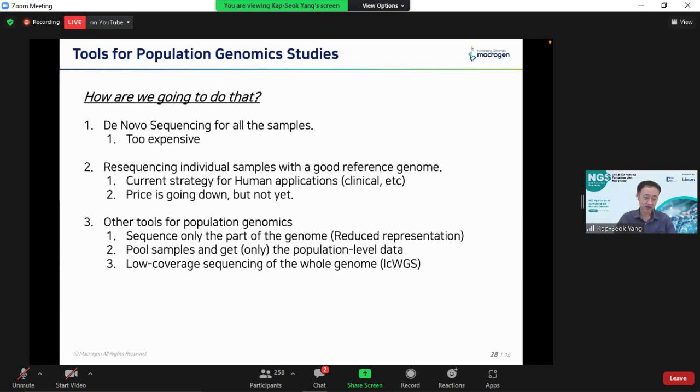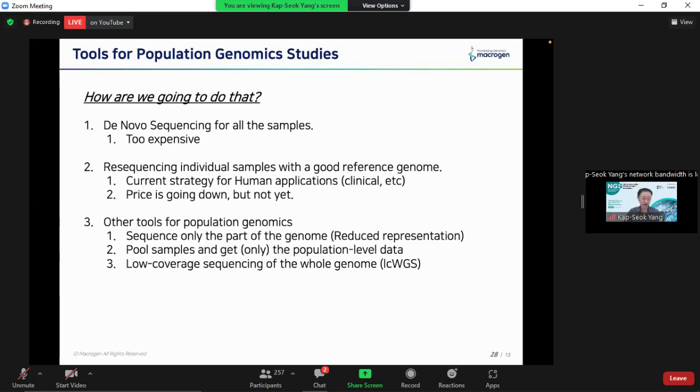The second one is, why don't we just pool the samples and get only the population level data? But obviously, you don't get any individual level data, which suits different applications. So there you go.